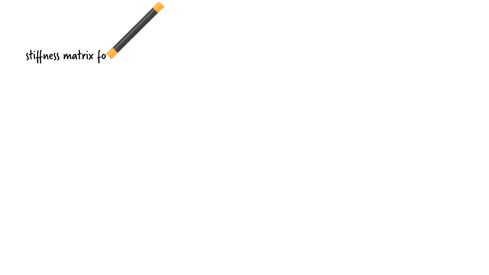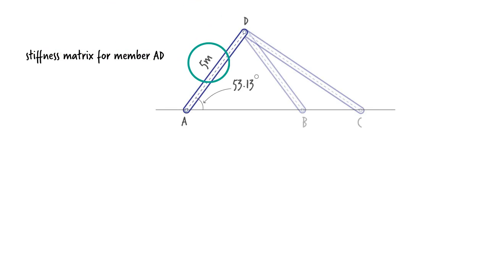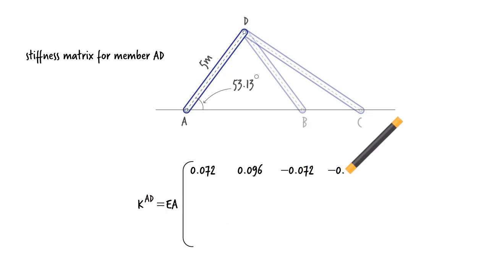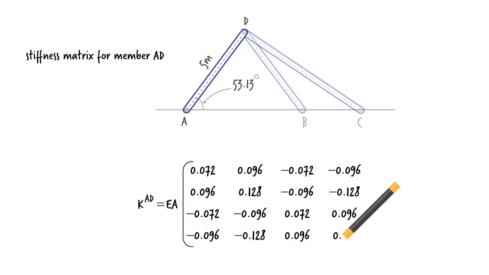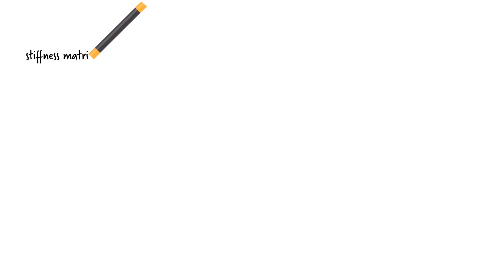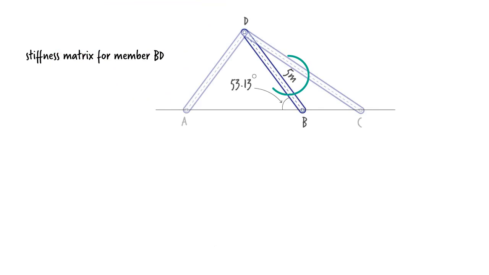For member AD, the length is 5 meters, and the inclination angle, theta, is 53.13 degrees. Therefore, we get: for BD, L is 5 meters, and the inclination angle is 180 minus 53.13, or 126.87 degrees.